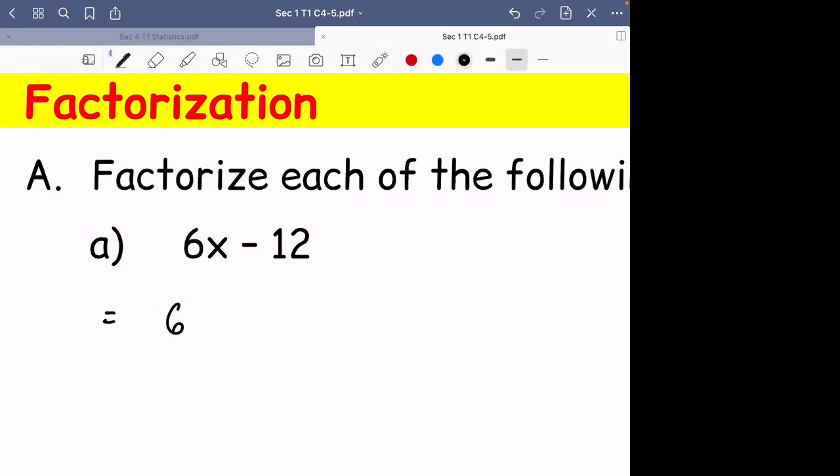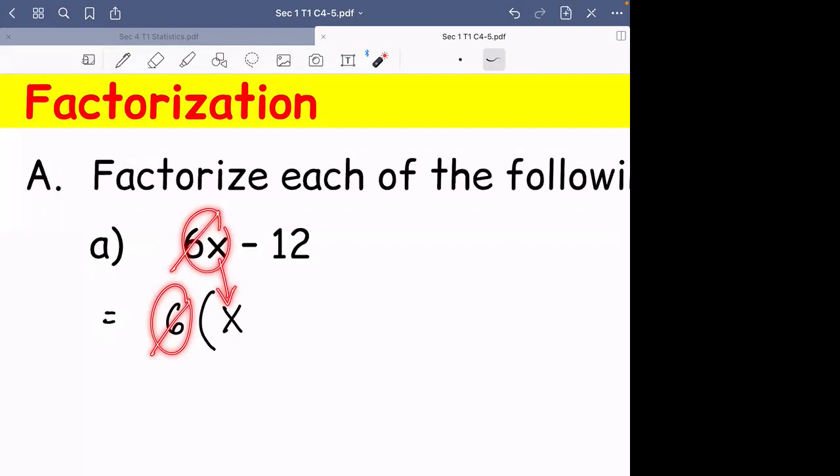So we open bracket, and then we divide each term by 6. So 6x divided by 6, what do you get? It's x, right? Because 6x divided by 6 cancels out 6. So what is left? It's x.